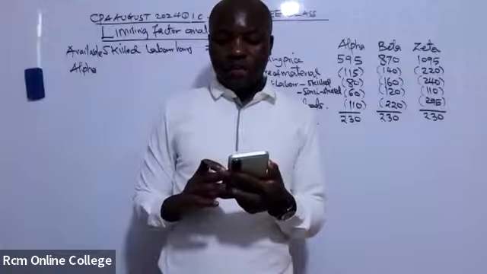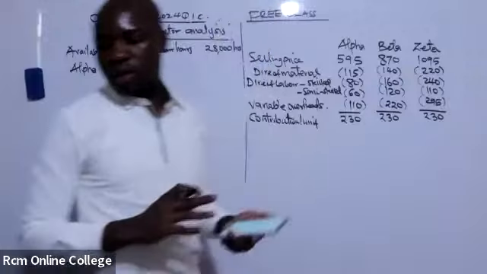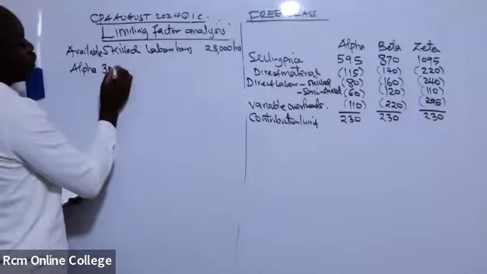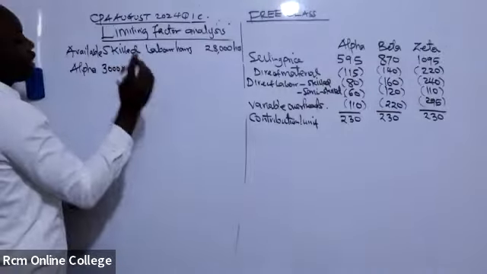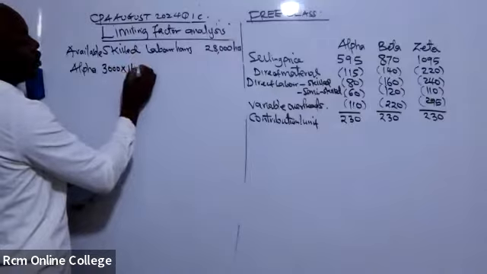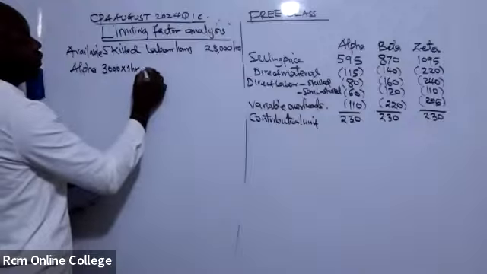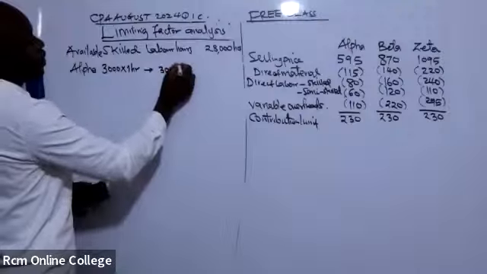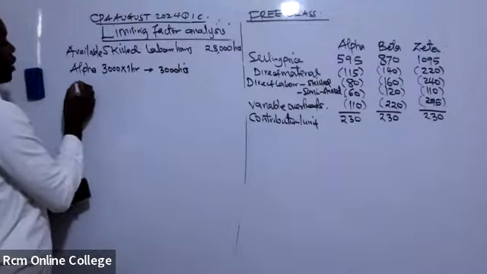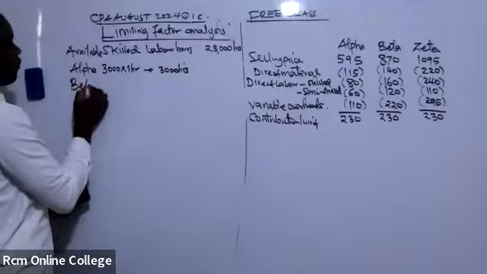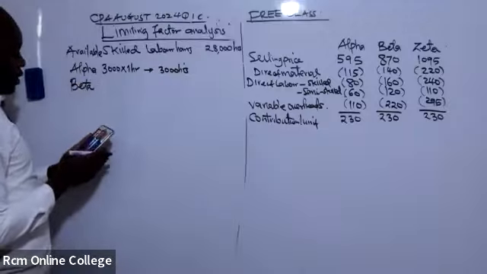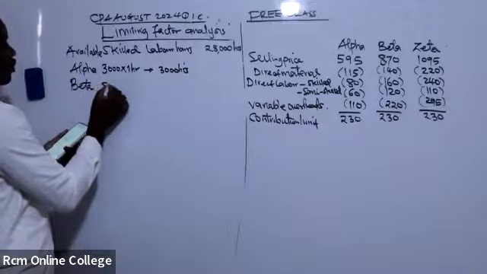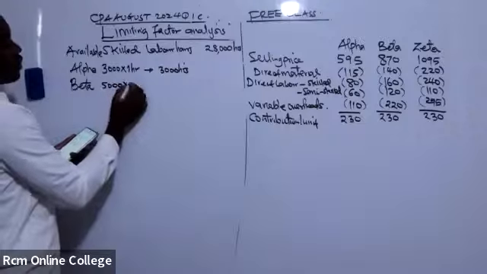The last row, expected maximum production and demand. We have 3,000, right? So 3,000 units of alpha are demanded, and the company is to use 1 skilled labor hour each. So that will give us a total of 3,000 hours. For product beta, the company needs to produce 5,000 units times 2 hours.